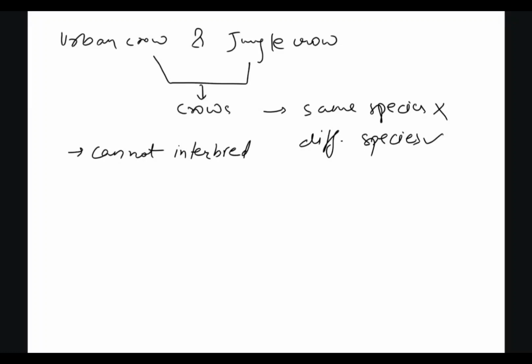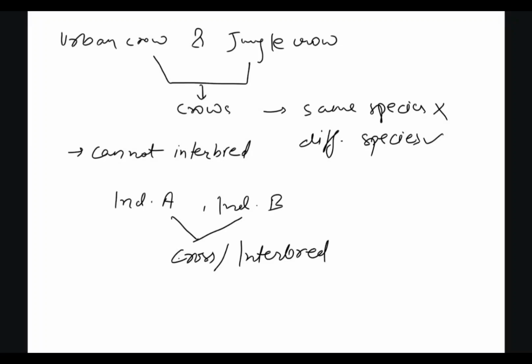interbreed. Species means, let's say there is an individual A, there is an individual B, right? So in order for them to be of the same species, they need to cross or interbreed or reproduce among themselves, right?